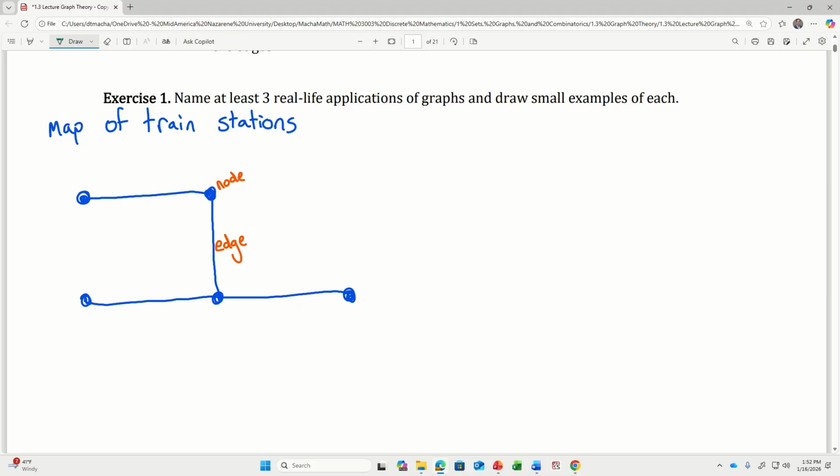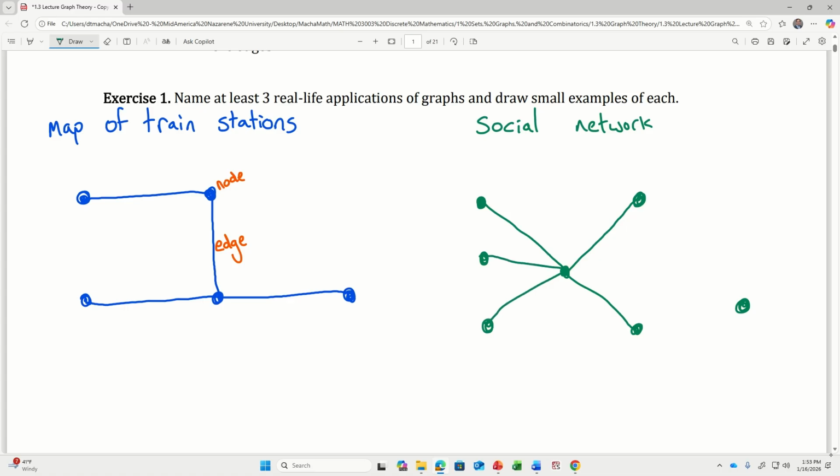What's another example of a graph? How about social networks? Let's say this is a social network where maybe this guy has 1, 2, 3, 4, 5 friends, and these 3 are all friends with each other.